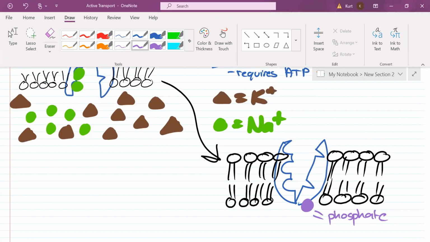And when it is being used, the pump uses the ATP, and these 3 sodiums are going to exit the cell and go out into the extracellular space.